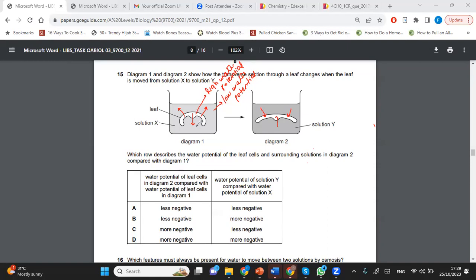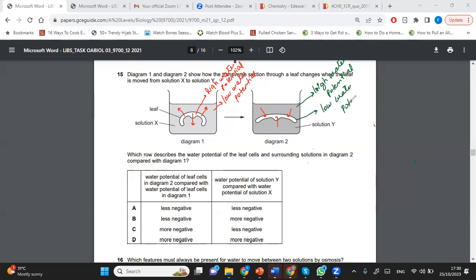In the other diagram, the water is moving into the leaf, which means outside the leaf we must have high water potential, and inside the leaf we must have low water potential.